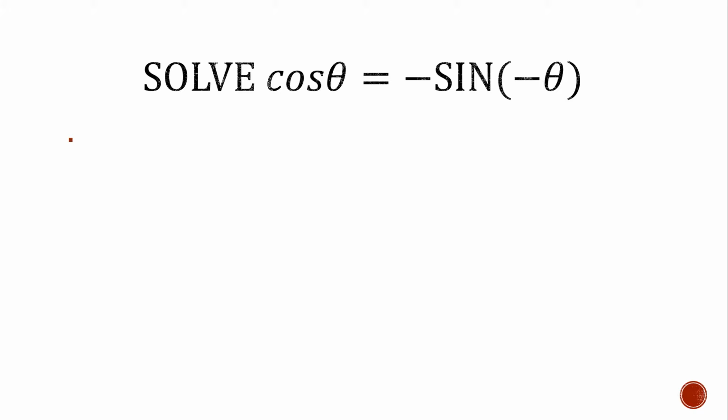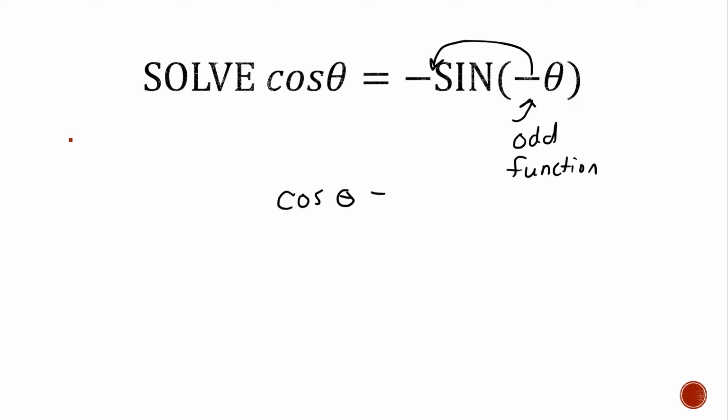All right, so the first thing that I want to remind you of is that when you have a negative on the angle inside the sine function, remember that sine is an odd function, which means that that negative can come to the front of the function. So we already have one negative there, and now we're going to pull another negative to the front.